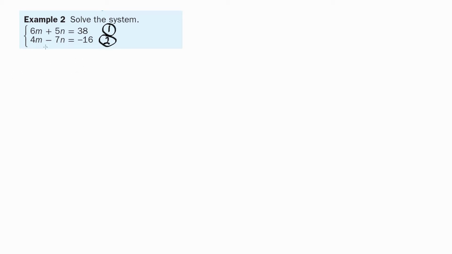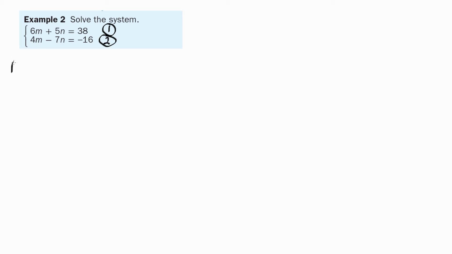So the solution to this is to multiply each equation by some number that'll get us to the same result. So if I look at this, I've got a minus 7, so if I can add the two together and get the coefficient of n to be the same, then I can eliminate it. So I've numbered them, equations 1 and 2.